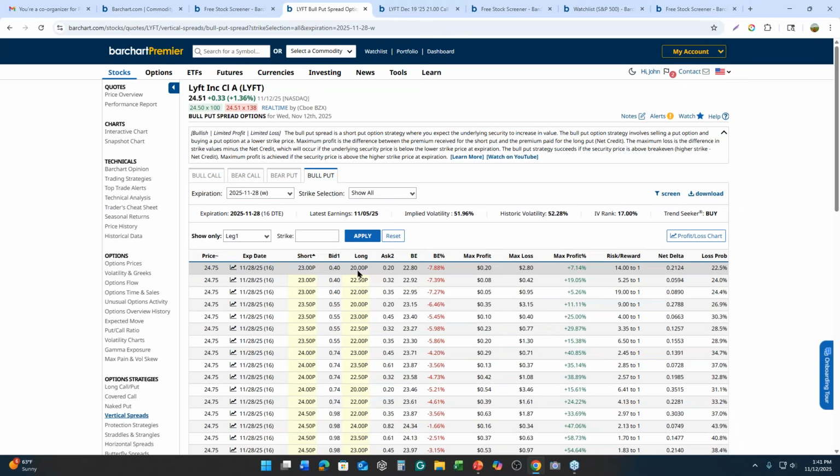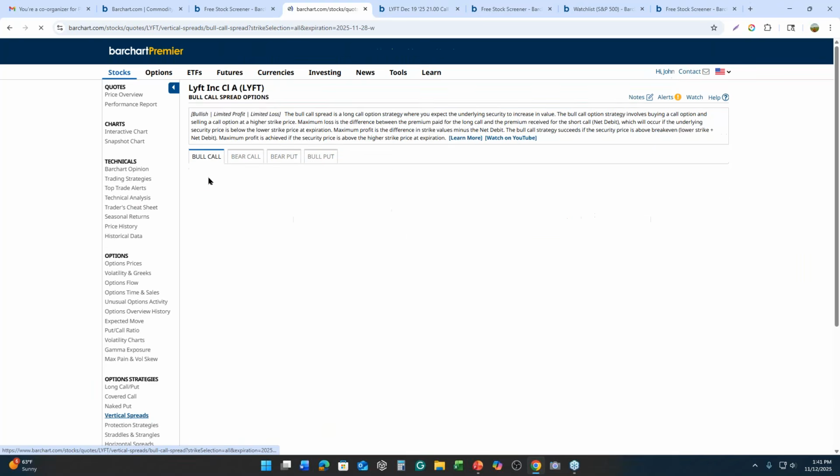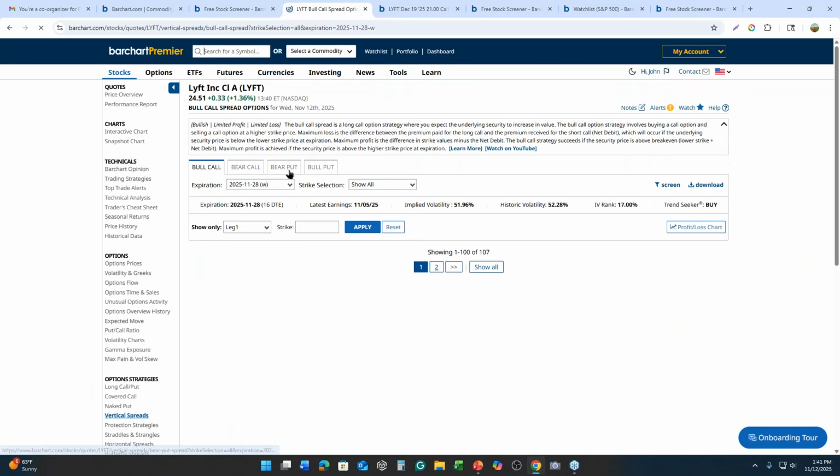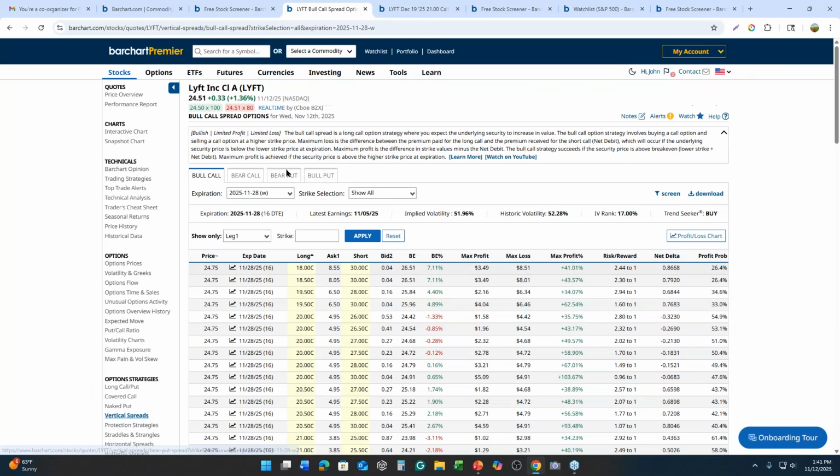And then the third option would be buying an at-the-money call or put and doing some type of debit spread, which would be bull calls and bear puts. And again, in this scenario, we'll probably want to start looking at a longer dated one. We know this one's 16 days.